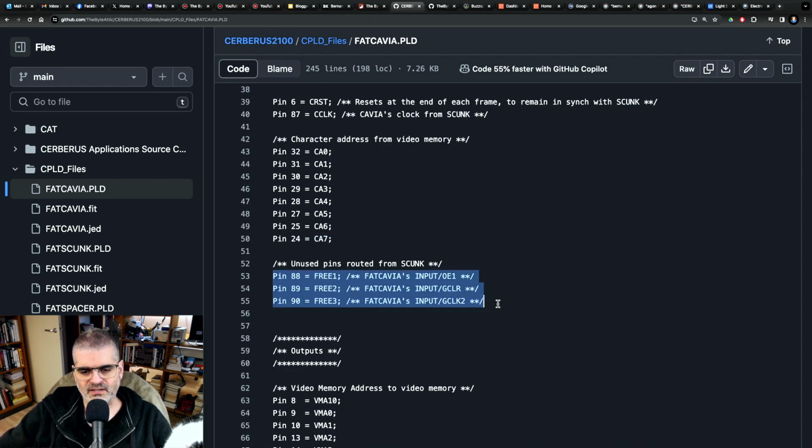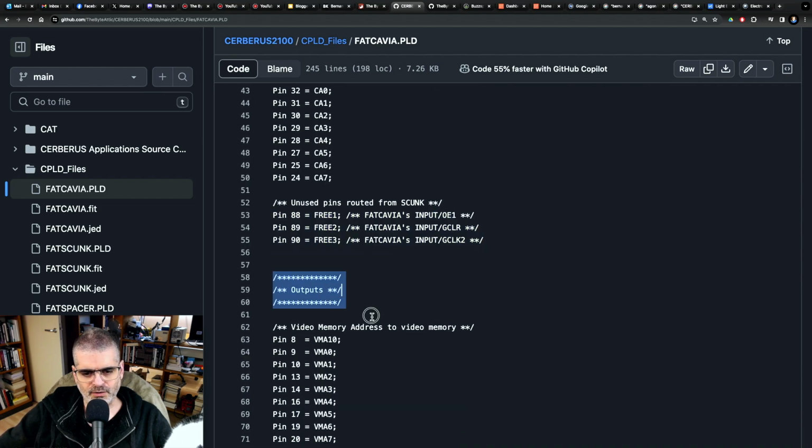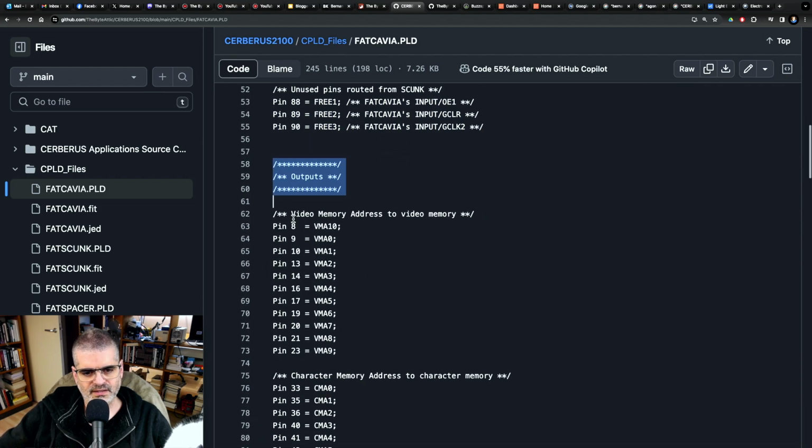These pins here are used in the PCB. There are traces connecting these pins in Cavia to other pins in Skunk, but this configuration file is not using them. Now the output pins are declared. This is basically the 11 bits of video memory address from VMA, video memory address 10, down to video memory address 0.